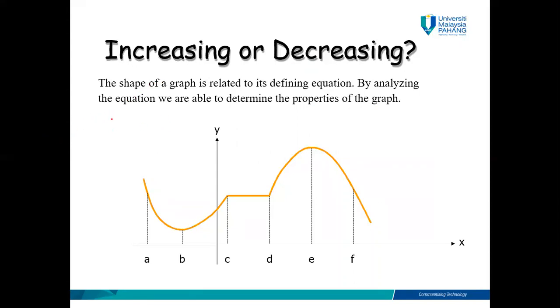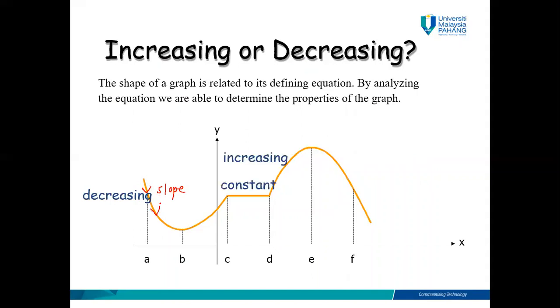mostly quadratic functions. Let's see this one. Can you see this kind of graph? This is decreasing. Why is it decreasing? Because the slope is decreasing.